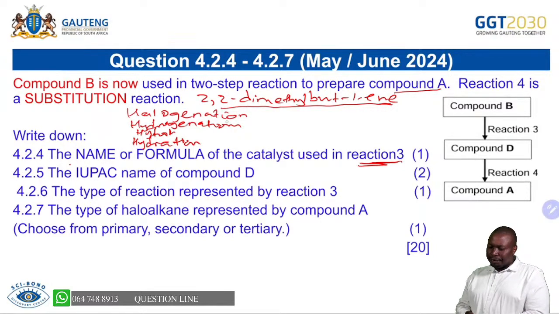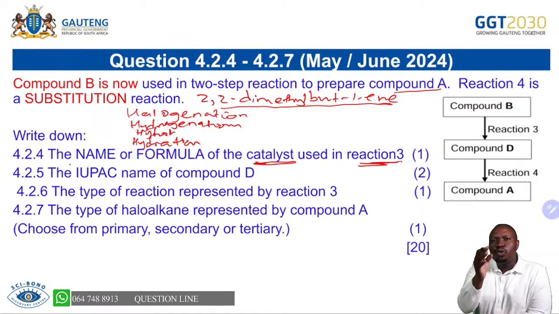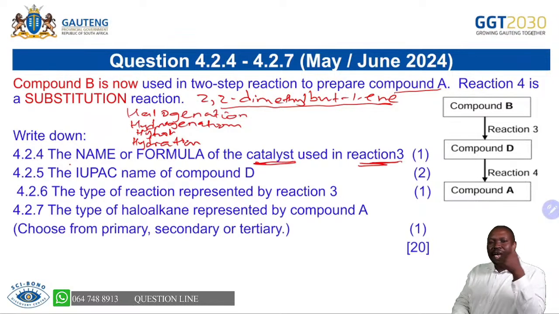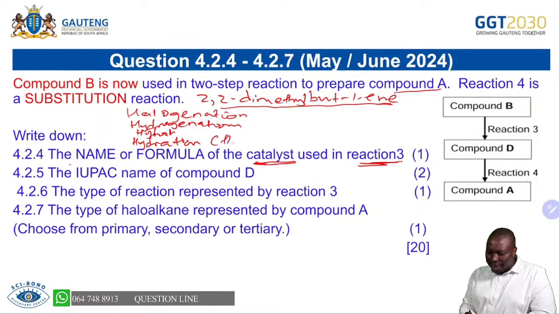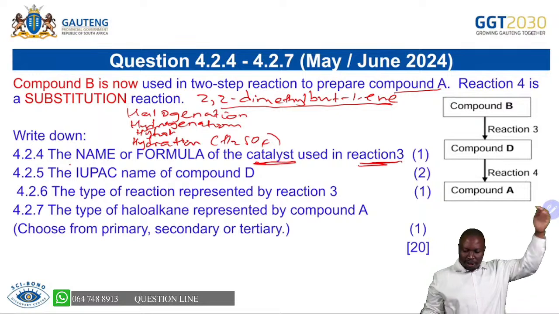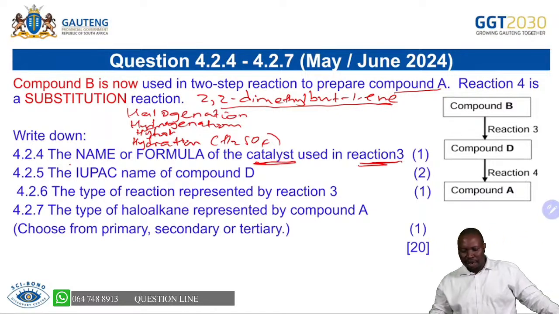In this one, there is a catalyst used, and there are only two addition reactions that have a catalyst: hydrogenation, using platinum, palladium, or nickel, or hydration, which uses sulfuric acid. So we're only left with one catalyst here, which is sulfuric acid, because the other one was used in the hydrogenation.